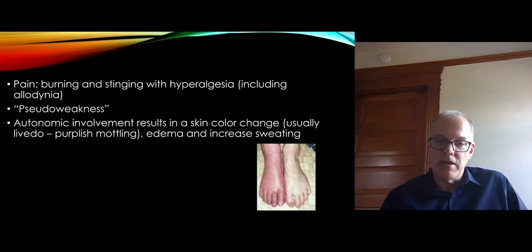Okay, again, it doesn't mean the patient is faking or anything like that, but because of pain, they're unable to give good effort. Okay, so we think if they didn't have pain, then they would have normal strength. Okay, there is also autonomic involvement and subsequently skin color change, usually kind of a purplish mottling, and often some swelling and change in sweating. That is all a feature of some autonomic process that's involved here.